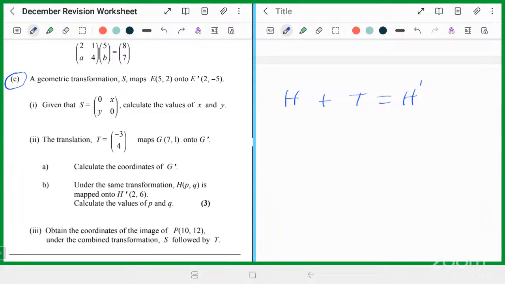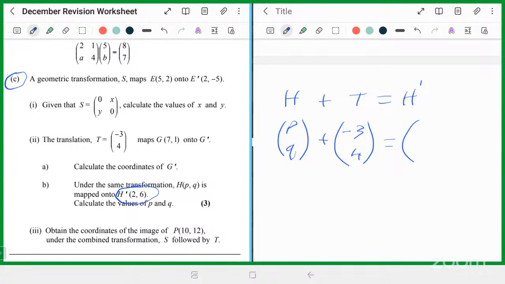So you set it up. The H position vector would be (P, Q), plus the same translation, (-3, 4). That results in H prime, and you know the values of H prime: (2, 6).